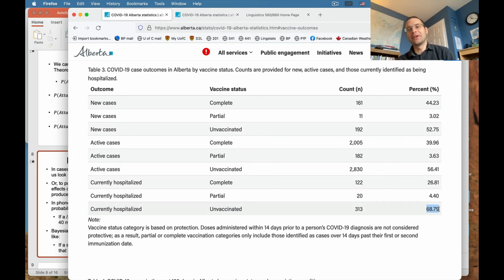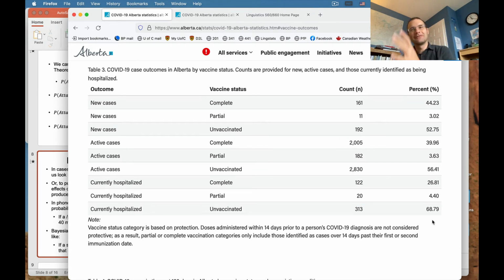So even though there's a much smaller proportion of these people out there, there's a much higher proportion of them in the hospital. So if somebody's in the hospital due to COVID, you can kind of infer it's likely that they're not vaccinated. That's a Bayesian way to look at it.